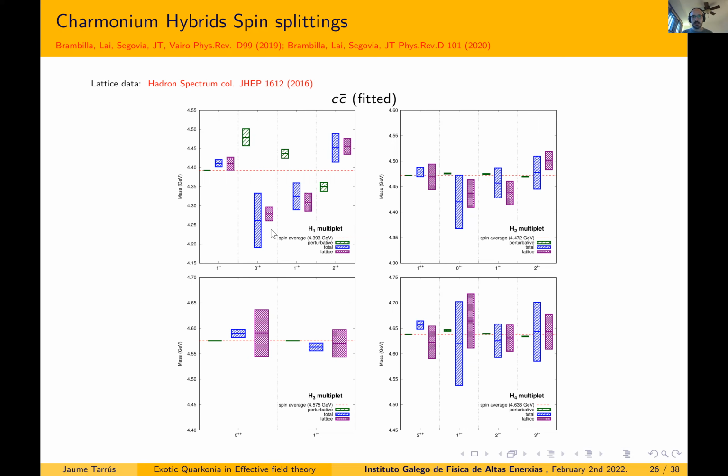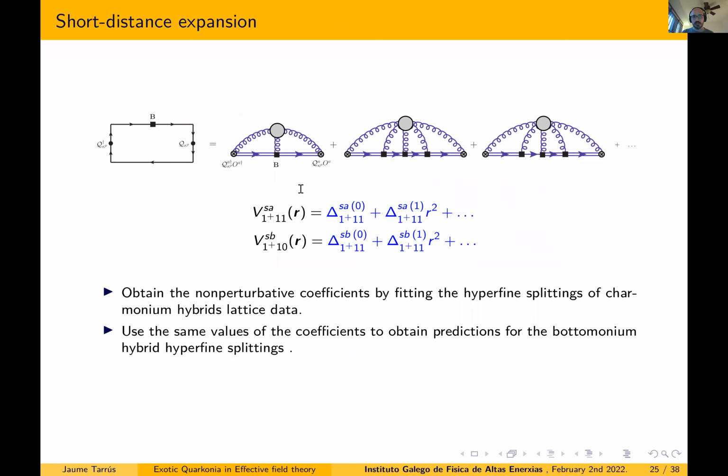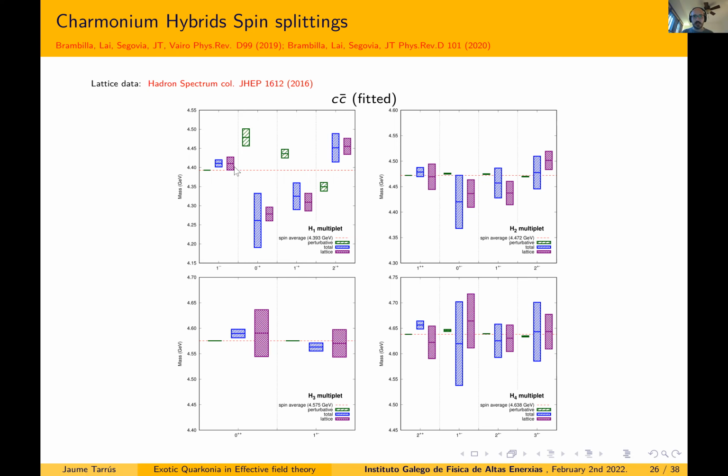For each one of these states, the purple boxes correspond to the masses and uncertainties computed on the lattice, and in blue are our results, obtained by fitting the non-perturbative constants to the lattice determinations. Here you can see that we can reproduce these lattice determinations, and this is all done keeping all these coefficients of natural size. So there is no contradiction between the EFT approach and these lattice results.